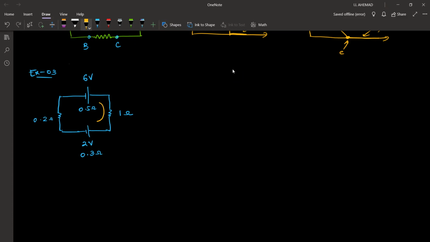The question is to find the current I and the terminal voltage across each battery.